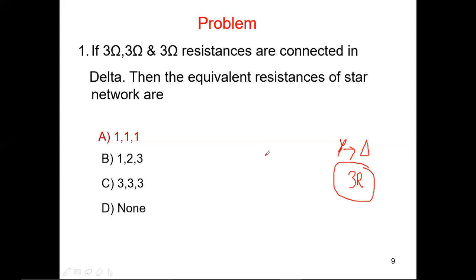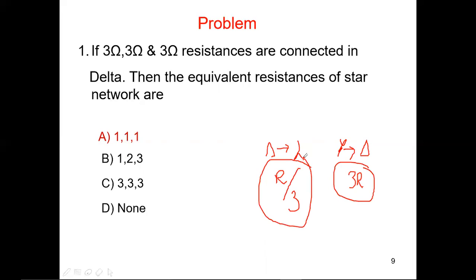While I'm converting delta to star, my resistance will be divided by 3.